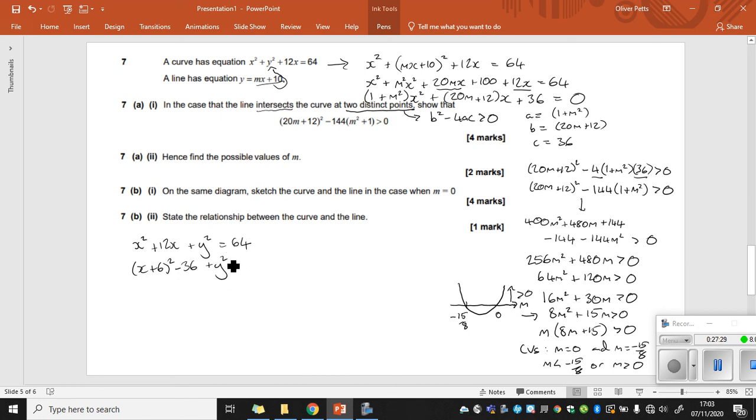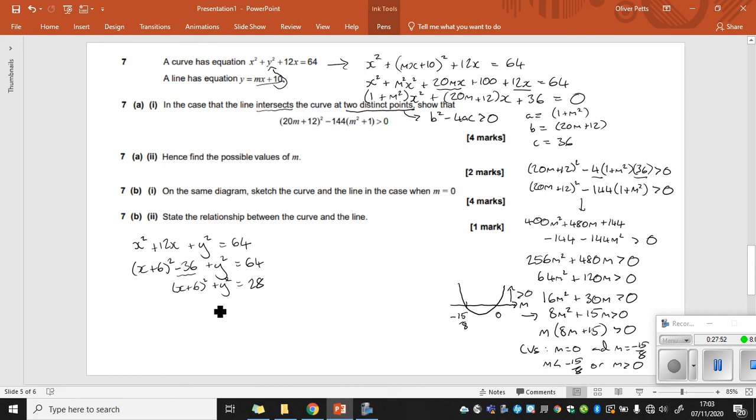I don't need to complete the square for just y squared on its own. And then I've got equals 64. And then I need to bring that minus 36 to the other side by adding it, leaving us with x plus 6 all squared plus y squared is equal to, 64 take away 36, what's that going to be, 28.